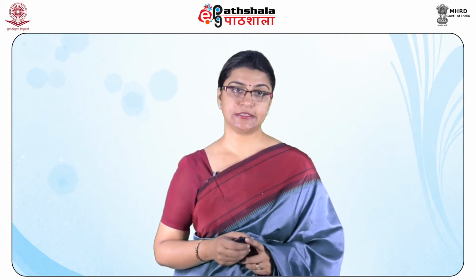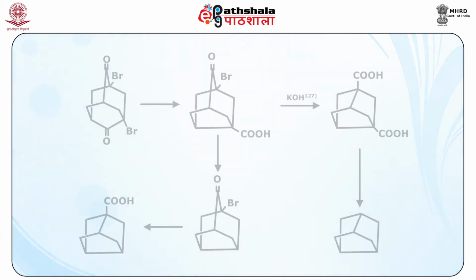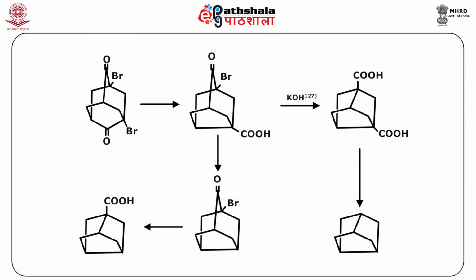Now move on to another derivative of adamantanes, that is bis-noradamantanes. Bis-noradamantane derivatives can be synthesized by Favorskii ring contraction of 1,3-dibromoadamantane-2,6-dione as shown, which involves again a kind of Favorskii ring contraction reaction followed by the reduction and further multi-step synthesis to bis-noradamantanes.